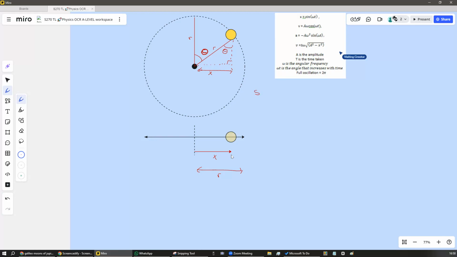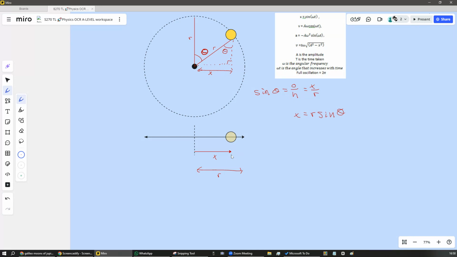So we can use sine theta is equal to opposite over hypotenuse. In this case, the opposite side is x, the displacement, and the hypotenuse is r. So x is equal to r sine theta.